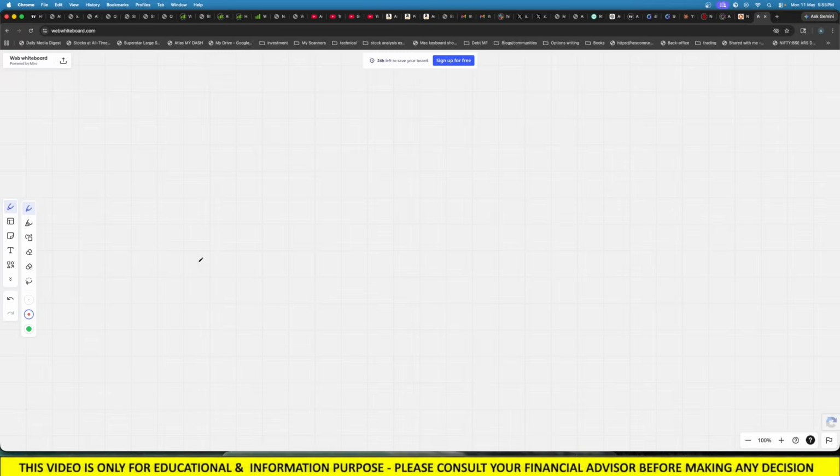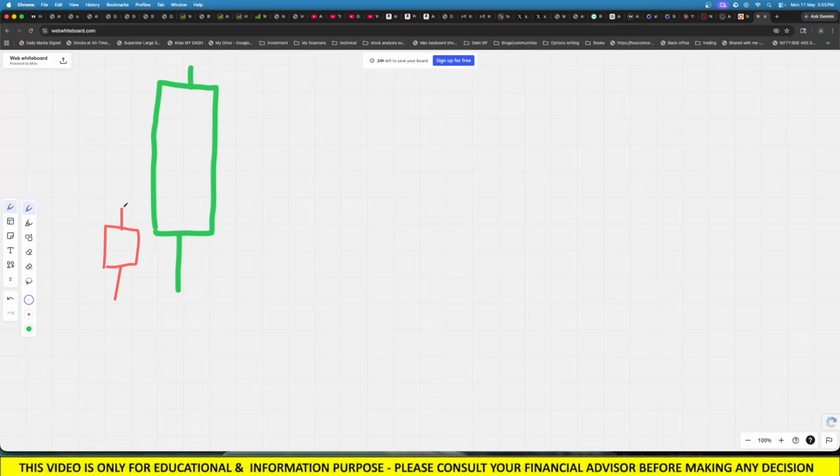For example, what is the demand zone? Whenever a small candle is followed by a big green candle, it indicates a demand zone. So the small candle's high and the small candle's low, or this green candle's low, is considered the demand zone.